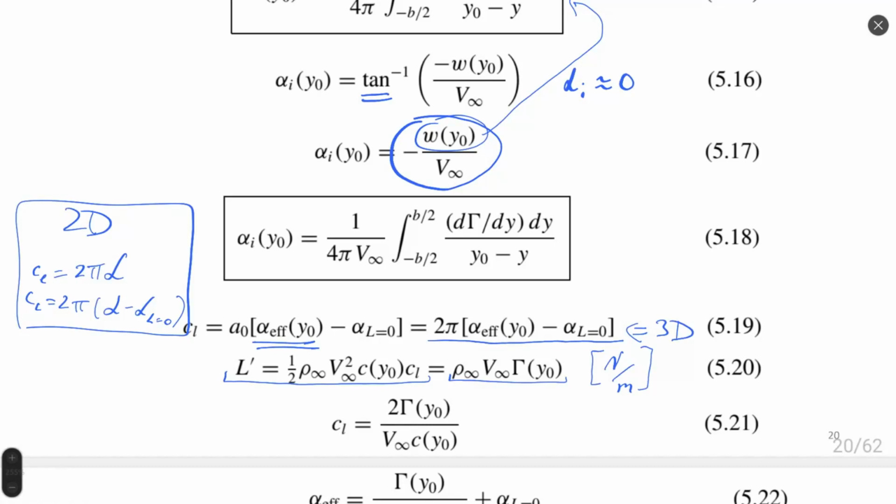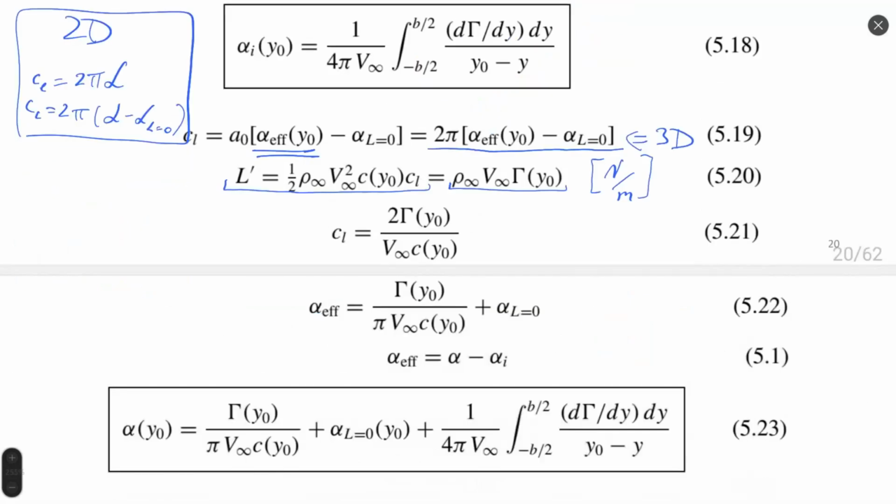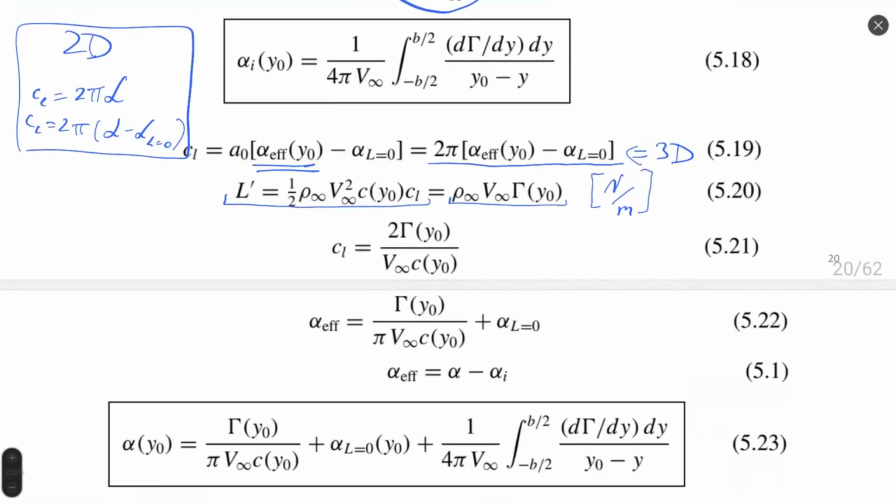From equation 20, we elaborate equation 21. We see that lift coefficient would be 2 times circulation divided by infinite velocity and chord of the wing, or chord of the airfoil at the point where we calculate lift coefficient. Lift coefficient would be a function of y, of coordinate.